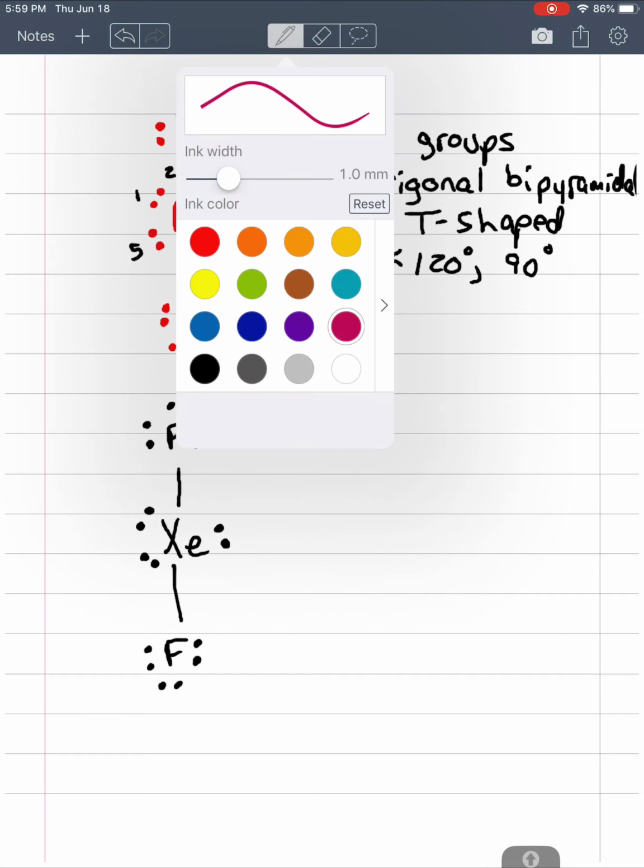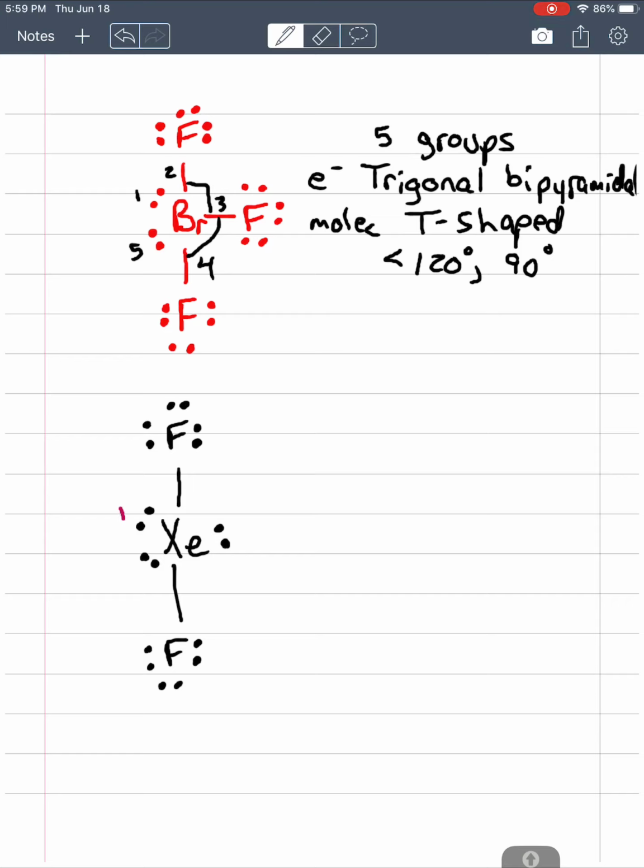So let's count groups. 1, 2, 3, 4, 5. 5 groups.